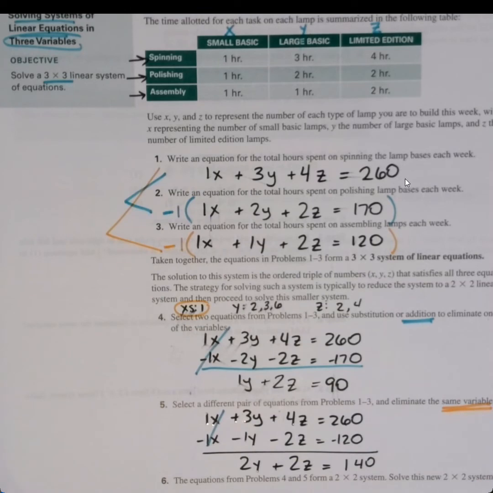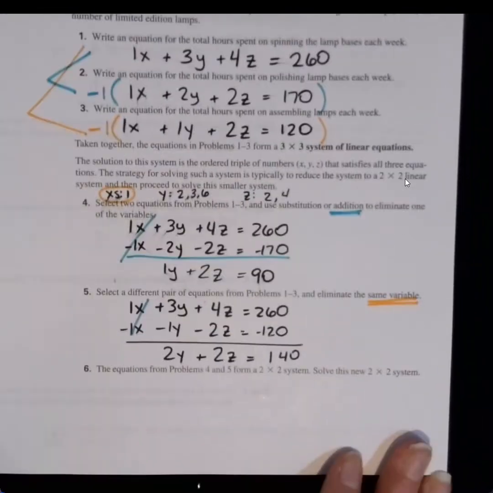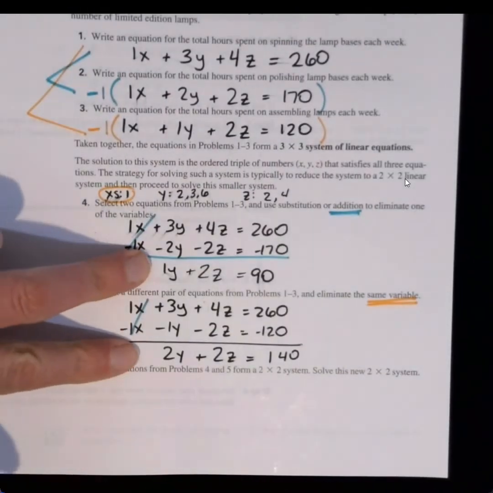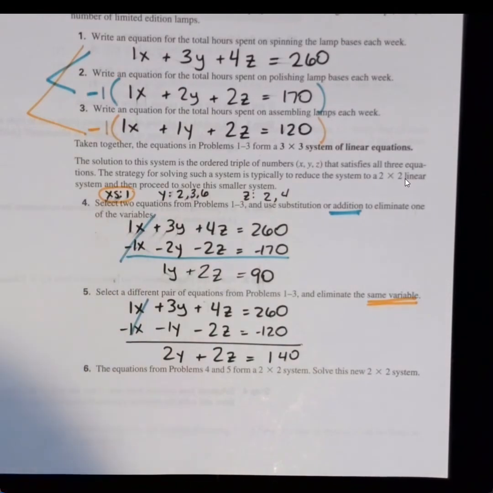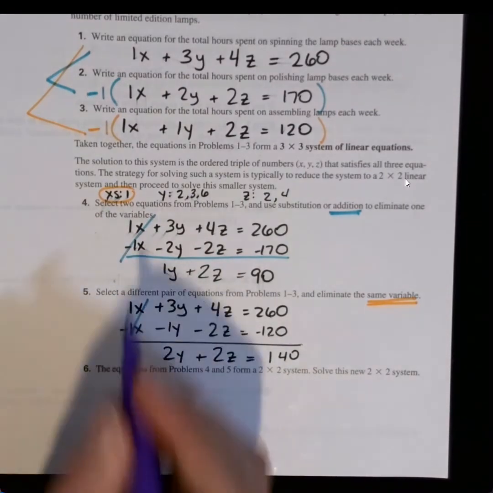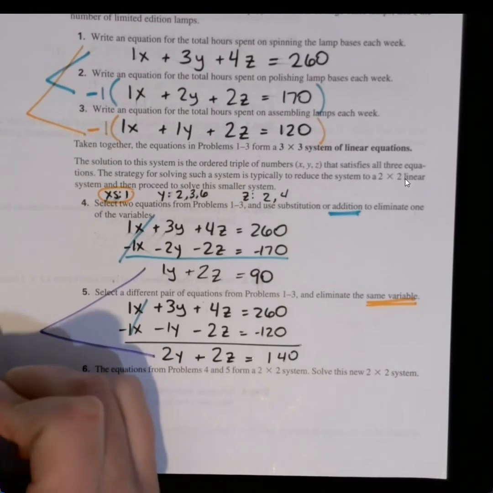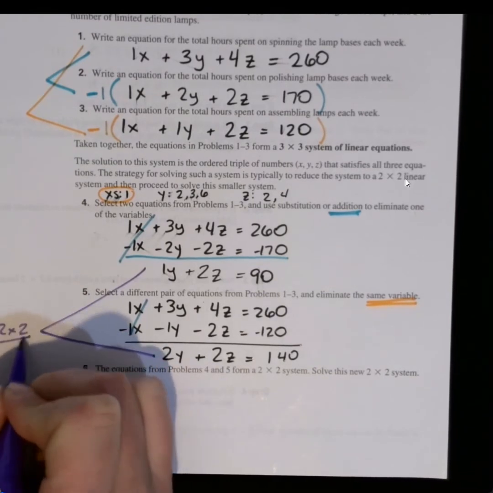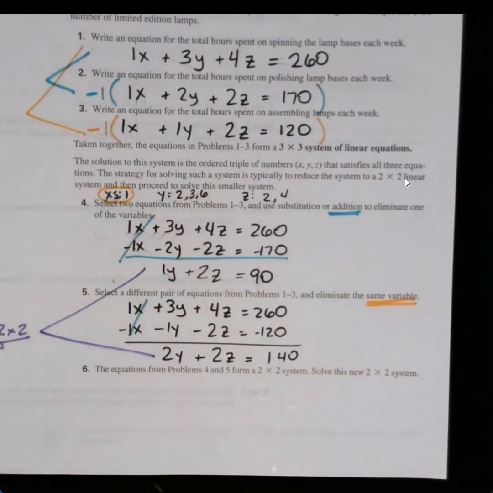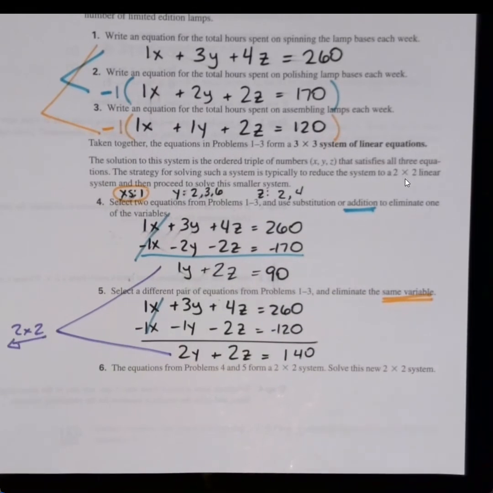Okay, so I have now two equations that are in two variables. If I work those two together, that's a 2 by 2 system like we worked on in sections 11.1 and 11.2. So I could use any of those methods.